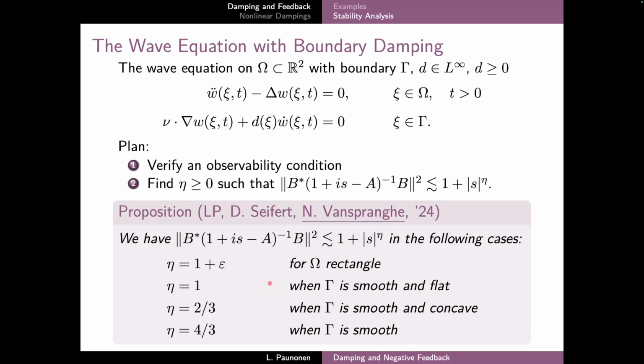And in the case where the domain has a smooth boundary, then we can take particular values which depend on the other properties of the boundary. For instance, in the cases where it's flat or concave, we can improve these estimates. But in all of these cases, the values of eta that we should use are greatly improved from the baseline estimate of eta equals 4 that we already saw. So we can always improve by something like 75%.